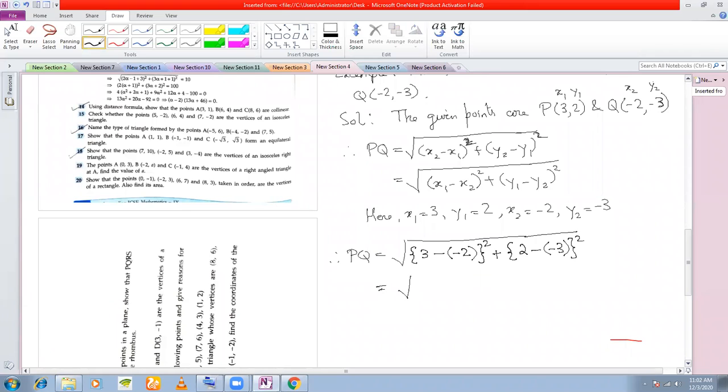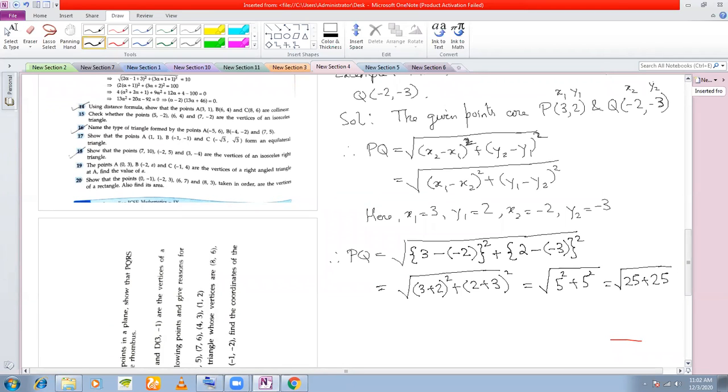So this becomes root over of (3 plus 2) whole square plus (2 plus 3) whole square. So this becomes root over of 5 square plus 5 square, which is root over of 25 plus 25.